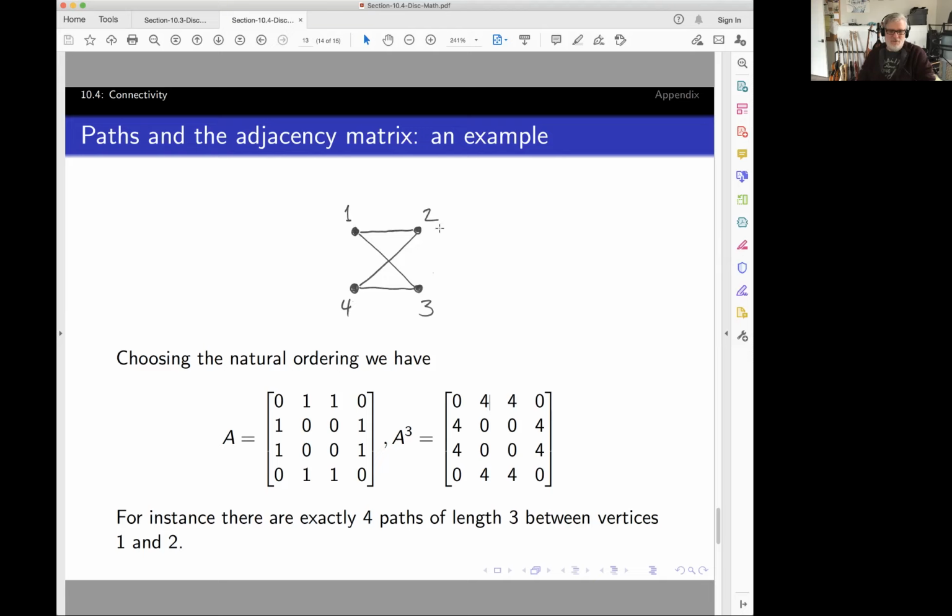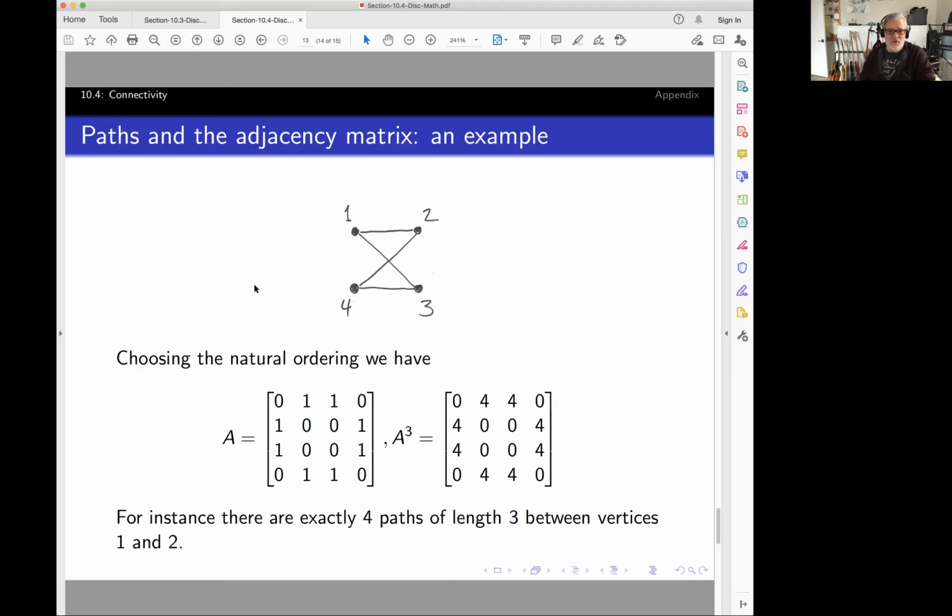Okay, I've got 1, 2, 1, 2; then 1, 2, 4, 2; then 1, 1, 3, 4, 2; and 1, 3, 1, 2. So there are 4. Yes, there are exactly 4 paths of length 3 from 1 to 2. That's what the matrix tells me, and I've verified this for that particular graph. It's a very small graph, but this is a very cute little observation. I'll show you the proof in a sec.